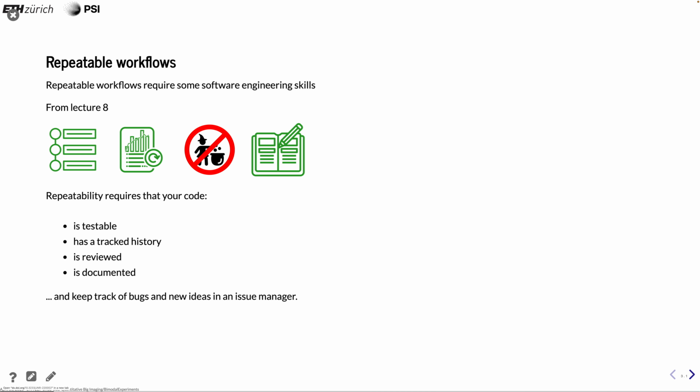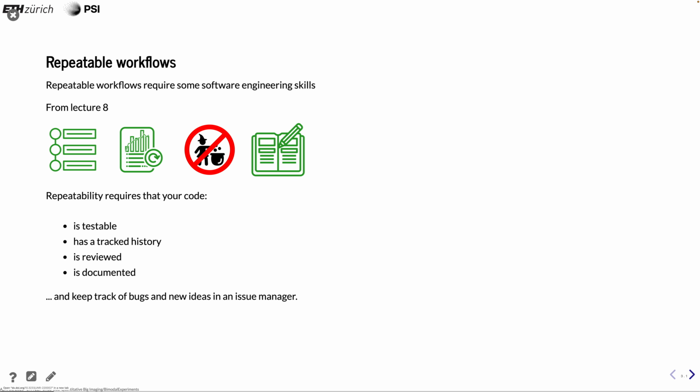We have from lecture 8, we already talked about repeatable workflows, and I started hinting on some structural things that we could imagine. First of all, we need to have well-described steps, also doing some analysis, preferably without any magic, and finally we need to document everything we did.